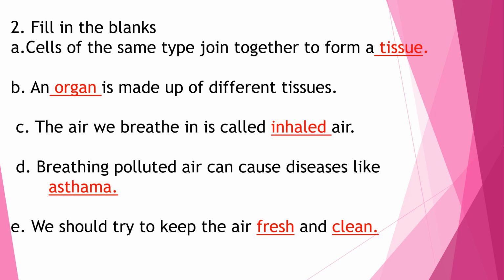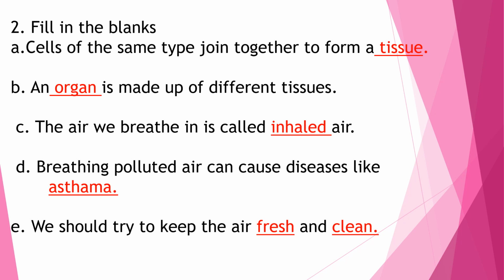Then the third question is, the air we breathe in is called dash air. Children, when we were discussing the types of air, we discussed that air is of two types, inhaled air and exhaled air.